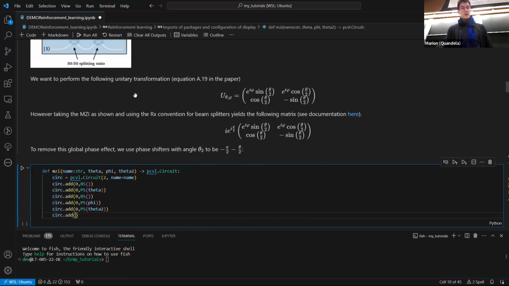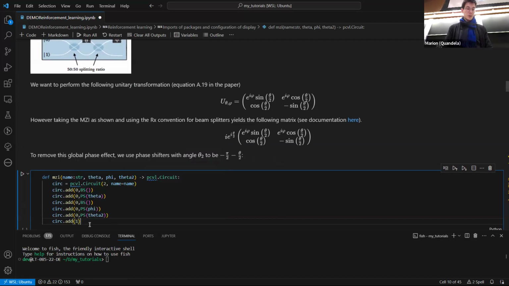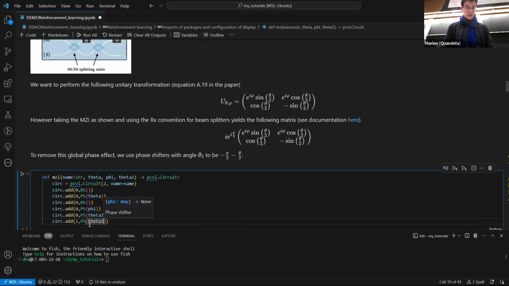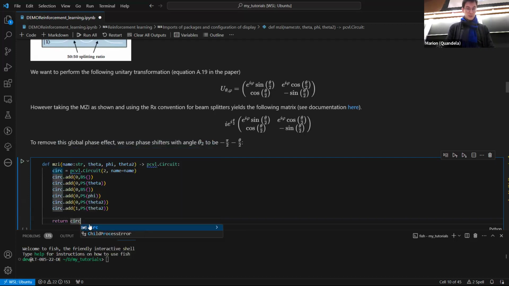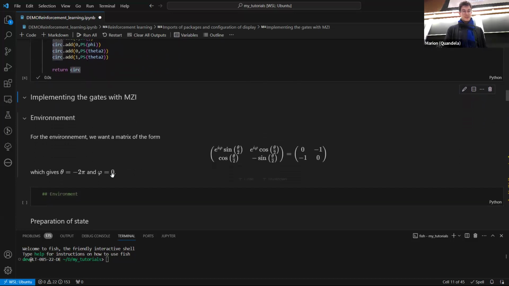And then here we need to apply the phase shifter on the first mode as well at the end. So I'm going to put 1 for a change. Theta2. And then I'm going to return the circuit. Hopefully this works. We'll see later.